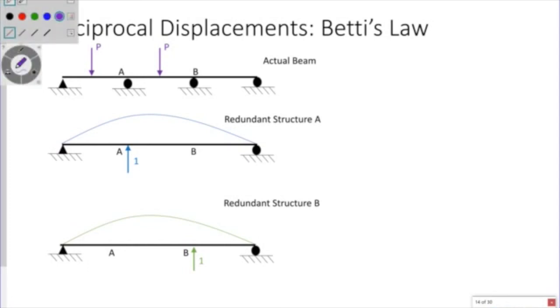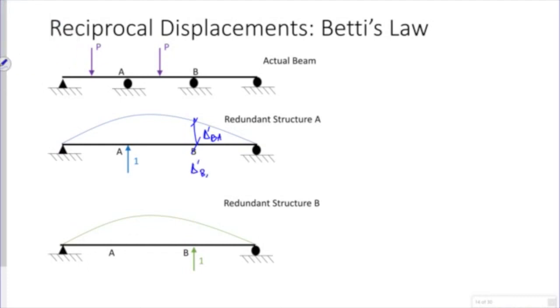If I want to find the deflection at B due to the unit load at A, that deflection is my flexibility coefficient, FBA, times the load applied, which is 1.